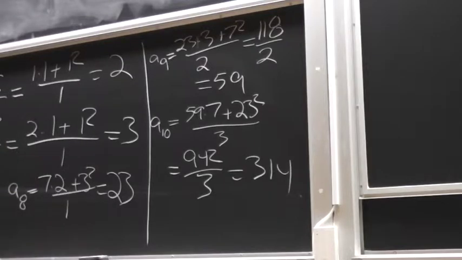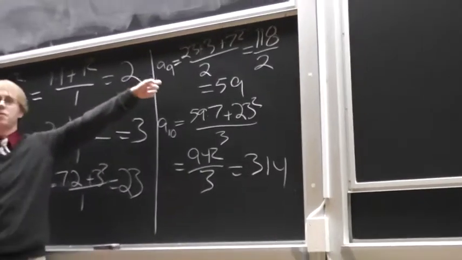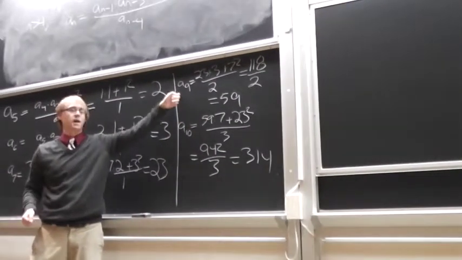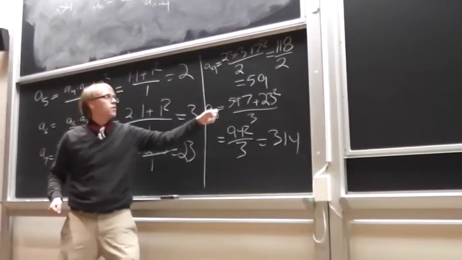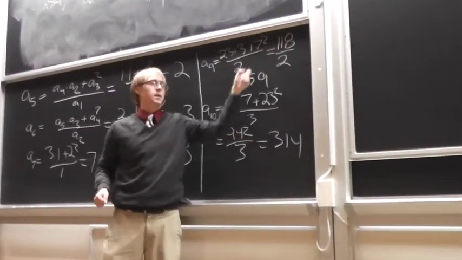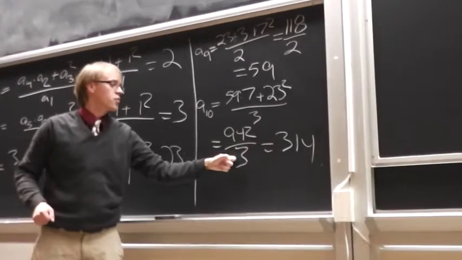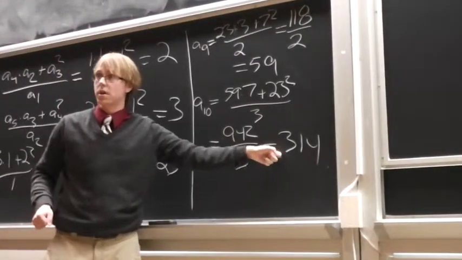So let's stop for a second and catch our breath and realize we've gotten awfully lucky in this calculation for a sub 9 and a sub 10. The 2 divided 118, so we got an integer here. The 3 divided 942, so we got an integer here.